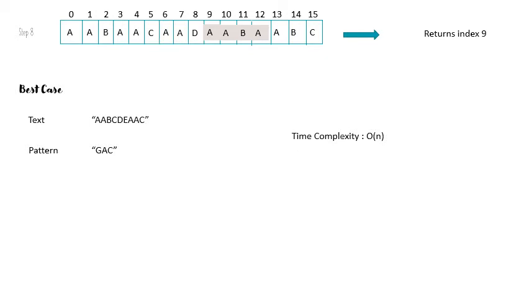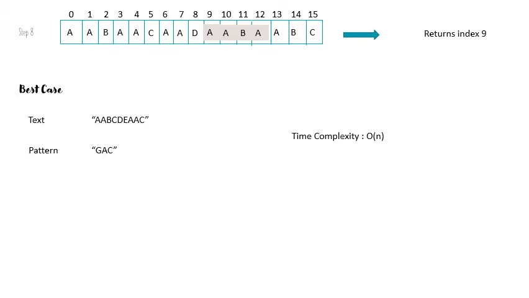Now we will discuss the time complexity of this algorithm. In the best case scenario, the first character of the pattern is not present at all in the text. So we move the window one by one over the text. We just need to compare the first character of the current window to the first character of the pattern.